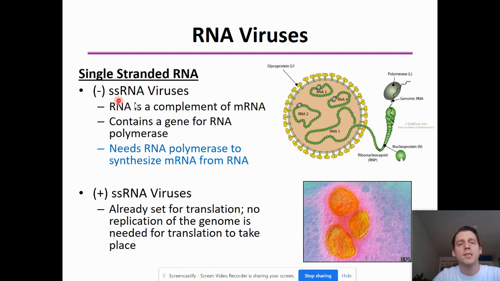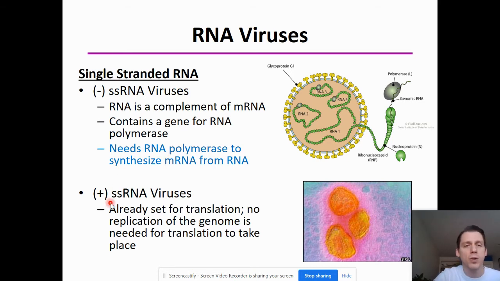So in this type of RNA virus, we need to synthesize mRNA with RNA polymerase. So we need an RNA polymerase to basically read the RNA to make more RNA, right? The complementary sequence to that RNA. And once we have that mRNA, then we can make more protein coats.